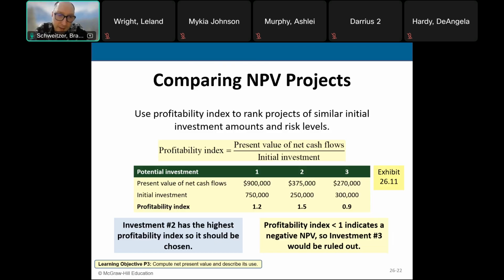So in this case, I would only look at projects 1 or 2 because they both have profitability index above 1, which means they have a lower level of risk. Also, project 2 has the highest profitability index, so I will go with project 2. Whichever project has the highest profitability index is the one that we would probably select. So that's just another way of comparing them side by side using net present value.